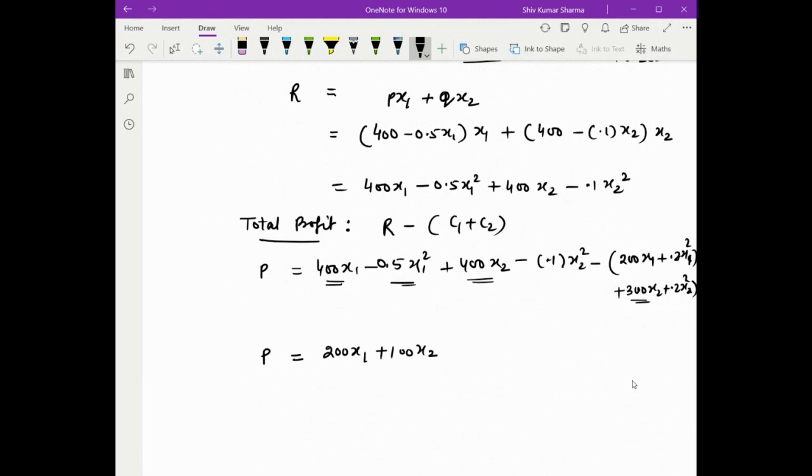Then 0.5 X1 square and here 0.2, so this is 0.3 X1 square, and 0.1 minus 0.2, 0.3 X2 square.